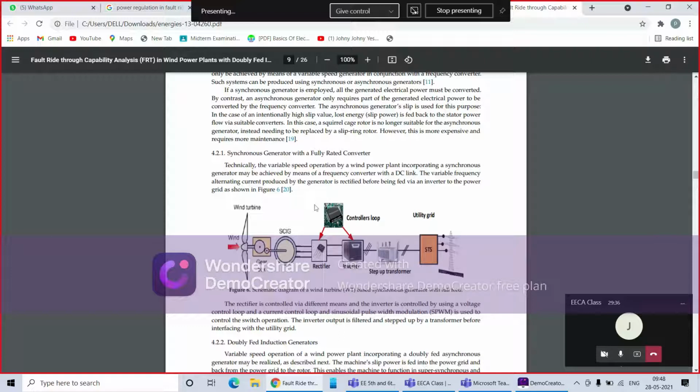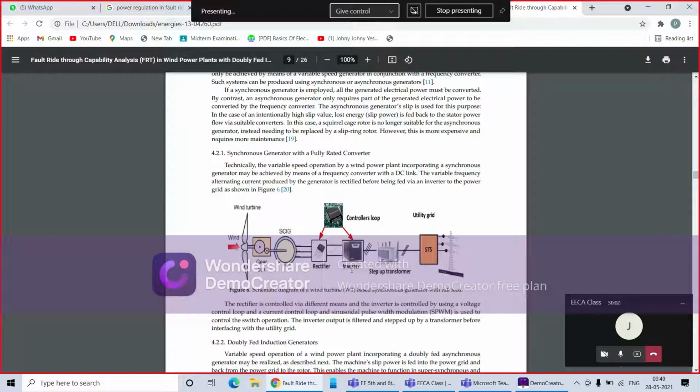So if we talk technically, variable speed operation by a wind power plant incorporating a synchronous generator may be achieved by means of a frequency converter with a DC link. The variable frequency alternating current produced by the generator is rectified before being fed via an inverter to the power grid as shown.